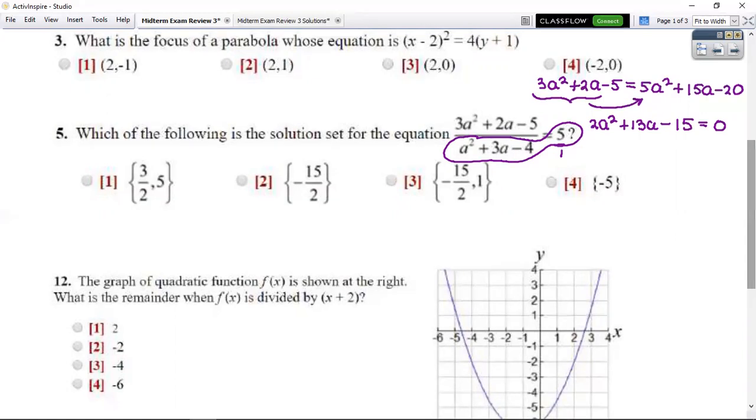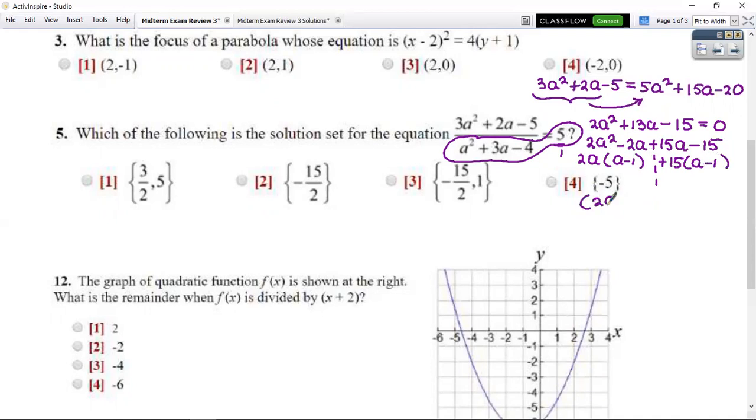So this works. I'm going to go 2a squared minus 2a plus 15a and minus 15. And then you're going to split it right down the middle. And you're going to take out a 2a. You're left with a minus 1. Take out a 15, and you are left with a minus 1.